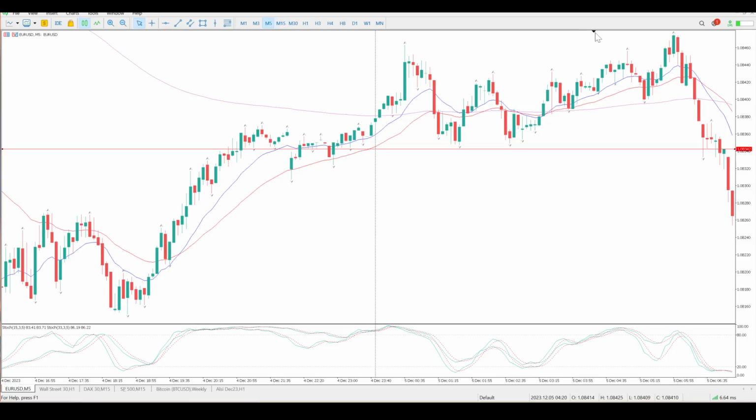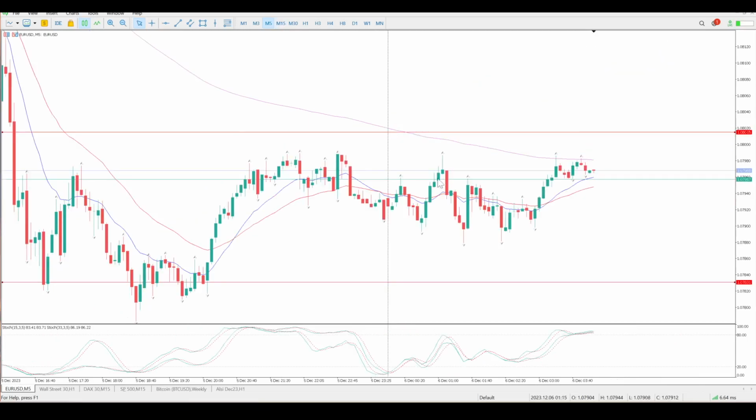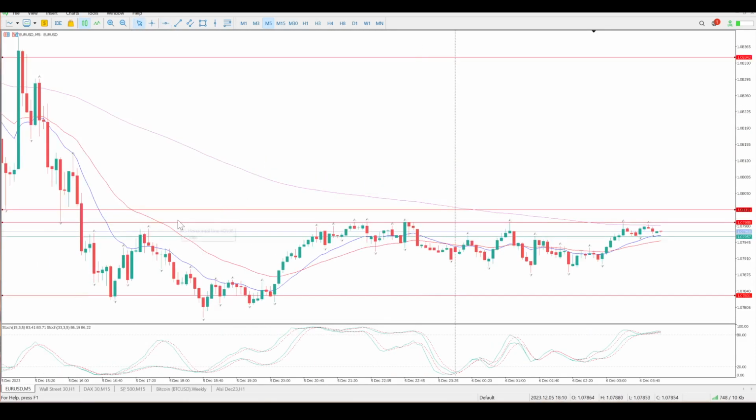Now for that, I'll be running on the 5 minutes, because you can see 5 minute at the moment, we're in amongst all the moving averages. I want all the moving averages to cross over, and I want price to be above them. So this is the most logical area, but then again there is this area here which is pretty much a big cup and handle, big cup, big handle here, but it is a consolidation area here.